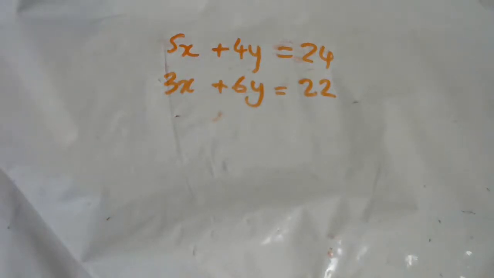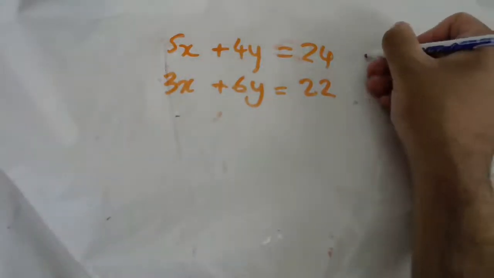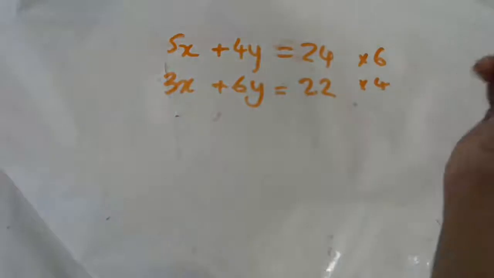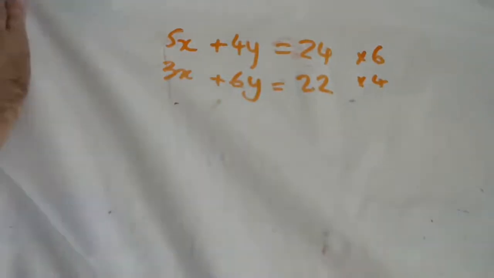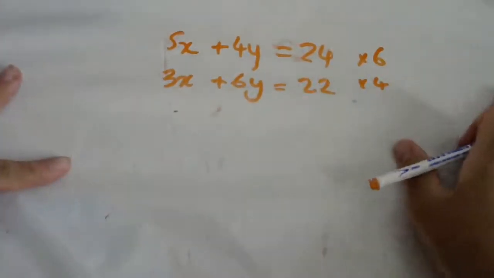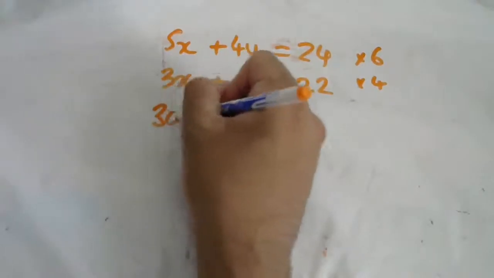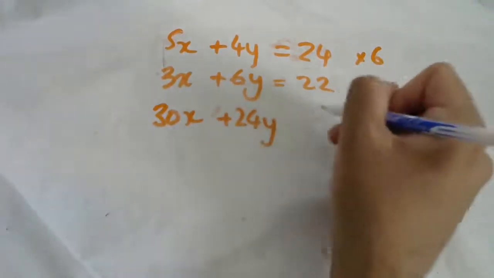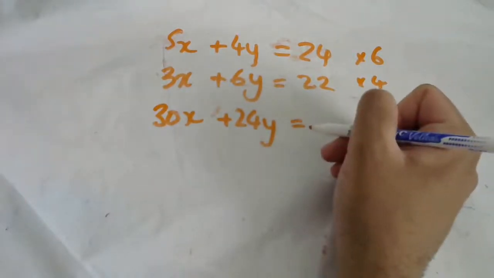So 19 over 9. Yep, 19 over 9. Let's do it together and check whether you're right or not. So what you're going to do, knowing you would have times this guy by 6 and that guy by 4. Yeah? I'm guessing. And there's nothing wrong with that, because that's what you did. 30x plus 24y equals, what is 24 times 6?